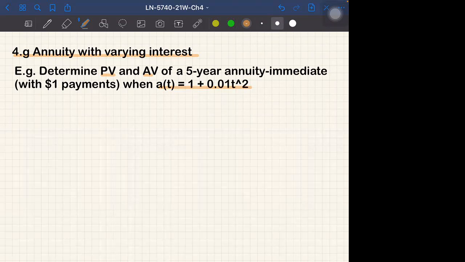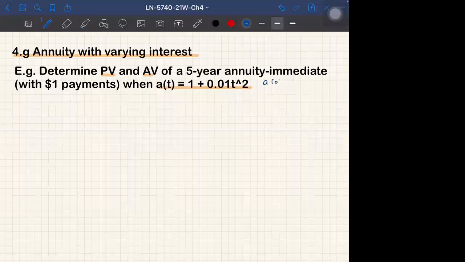So far, the annual effective interest is fixed at i, and i is a constant, but here A(t) is equal to 1 plus 0.01 t squared.